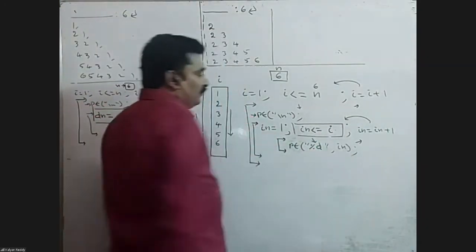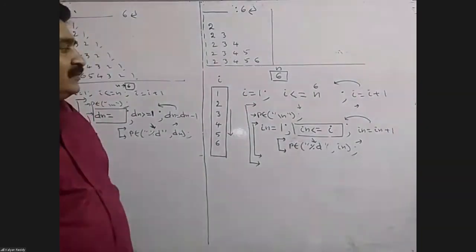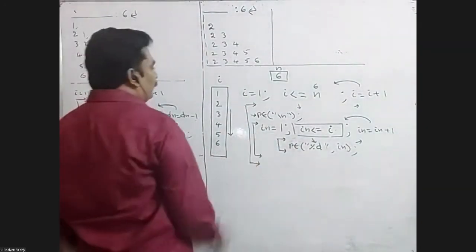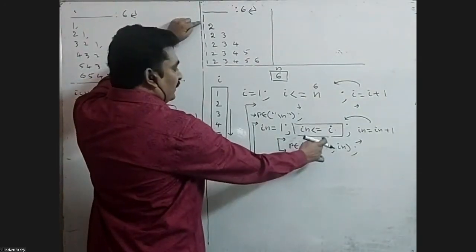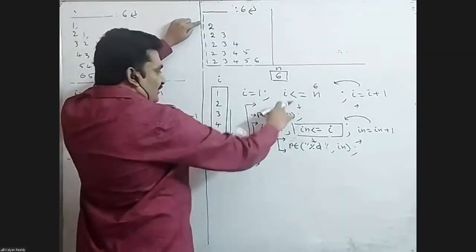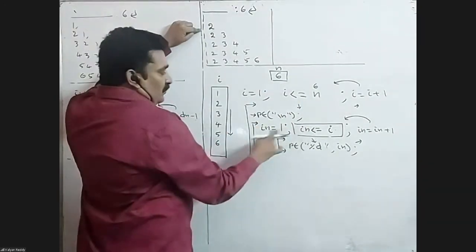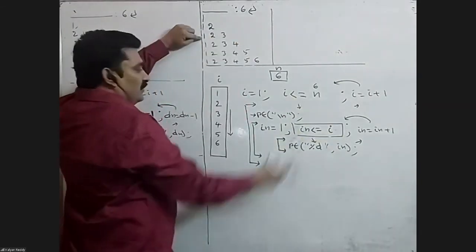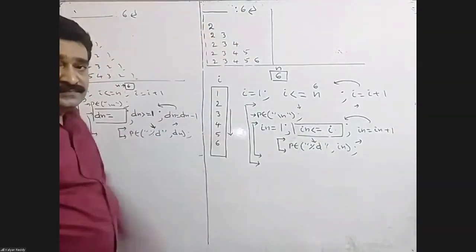What is the value of I first time? 1. Starting with 1, less than 1, coming inside, 1 printed, 2 less than 1, out. Only 1 came in the first line. Second time I is coming inside, second line, I value 2, so starting with 1 less than or equal to 2, less than 2, 3 less than 2, out: 1 2. Next time 3, 1 2 3. Next time 4, fine.